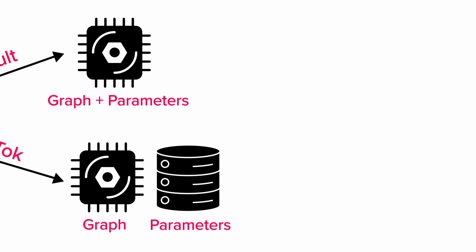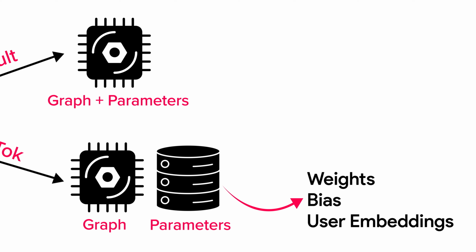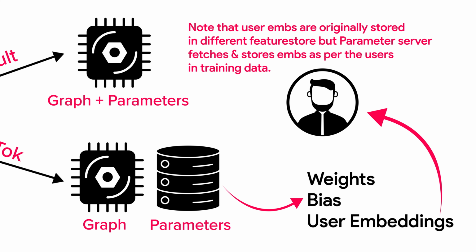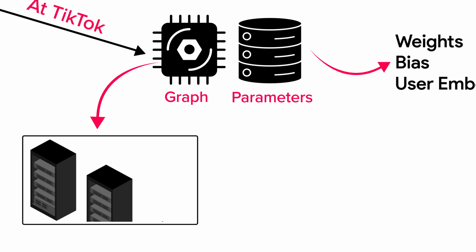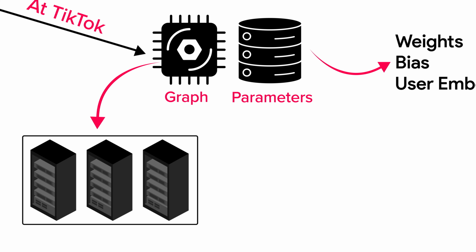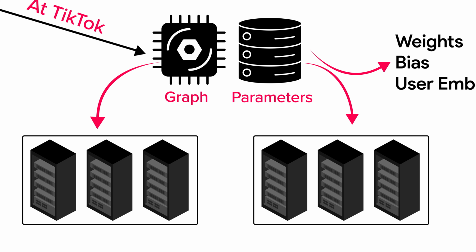The parameter component stores weights and biases of the ML model and personalized user embeddings. These personalized user embeddings represent each user on the platform and are used to generate personalized recommendations for each user. The set of servers that store the model component is called the model server, and the set of servers that store the parameter component is called the parameter server.